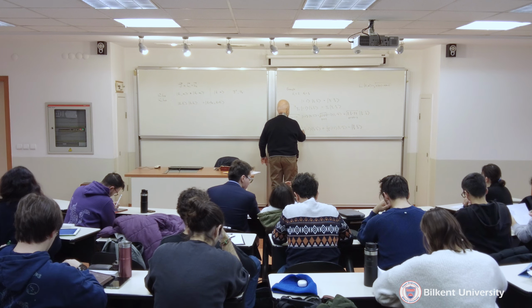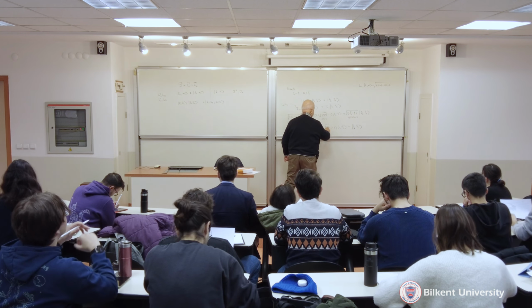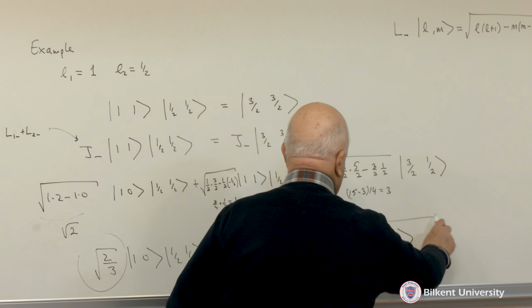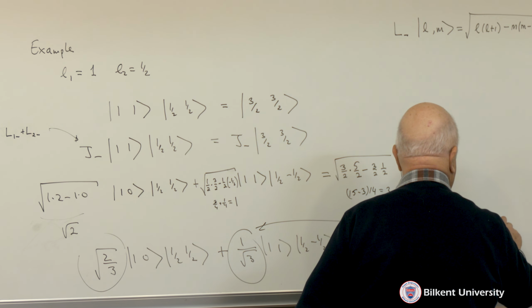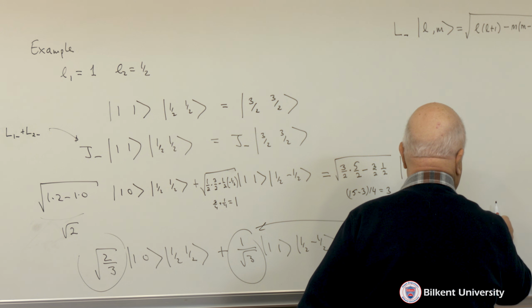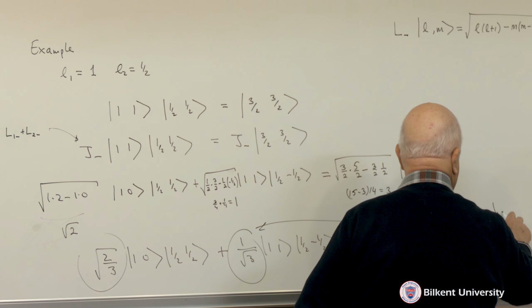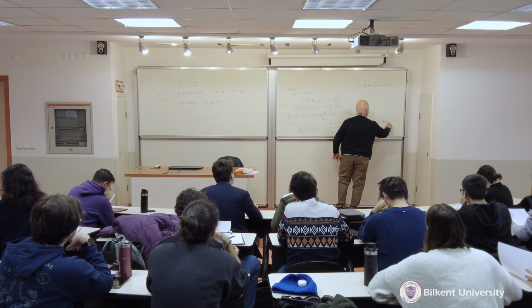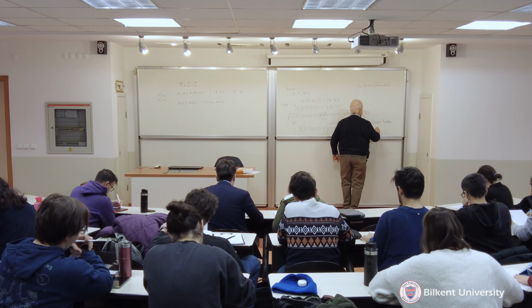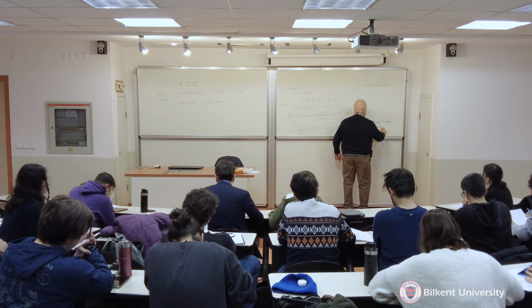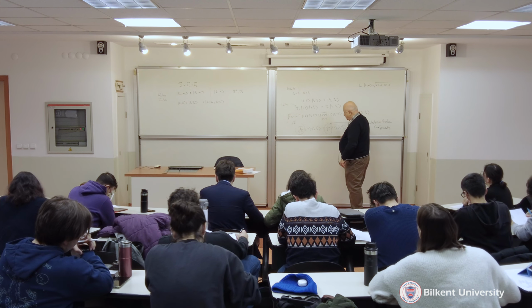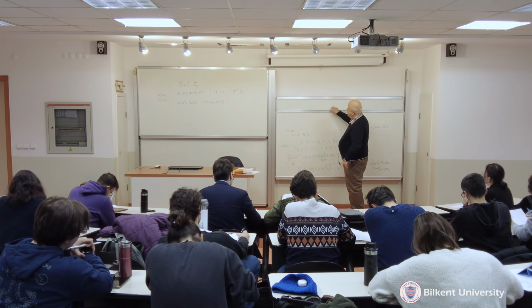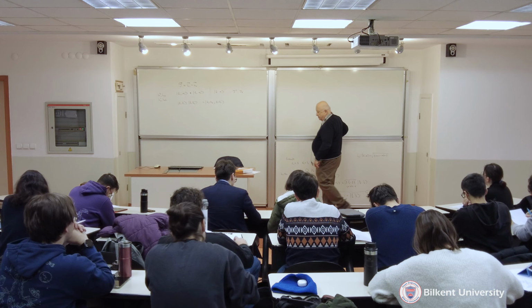These coefficients that you have here are called the Clebsch-Gordan coefficients. And they have been set into tables.